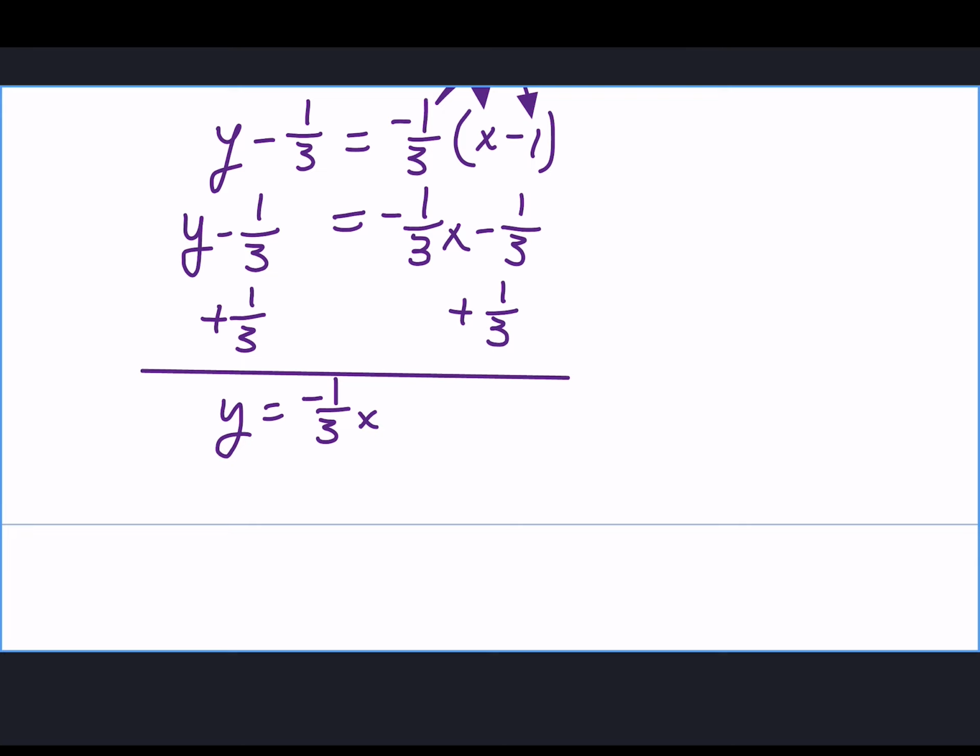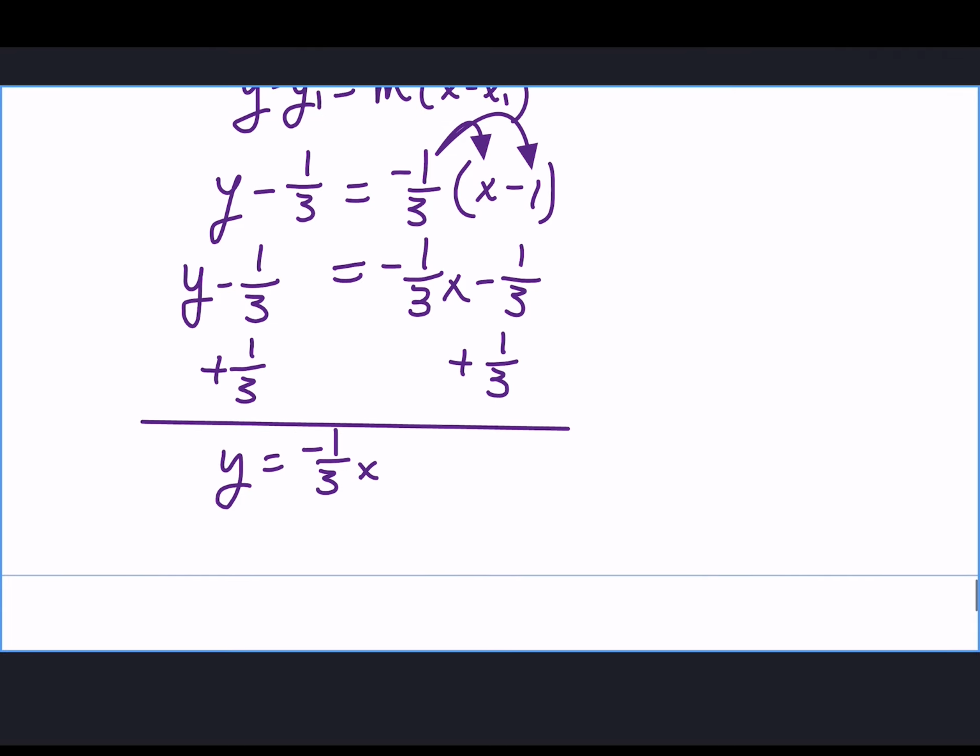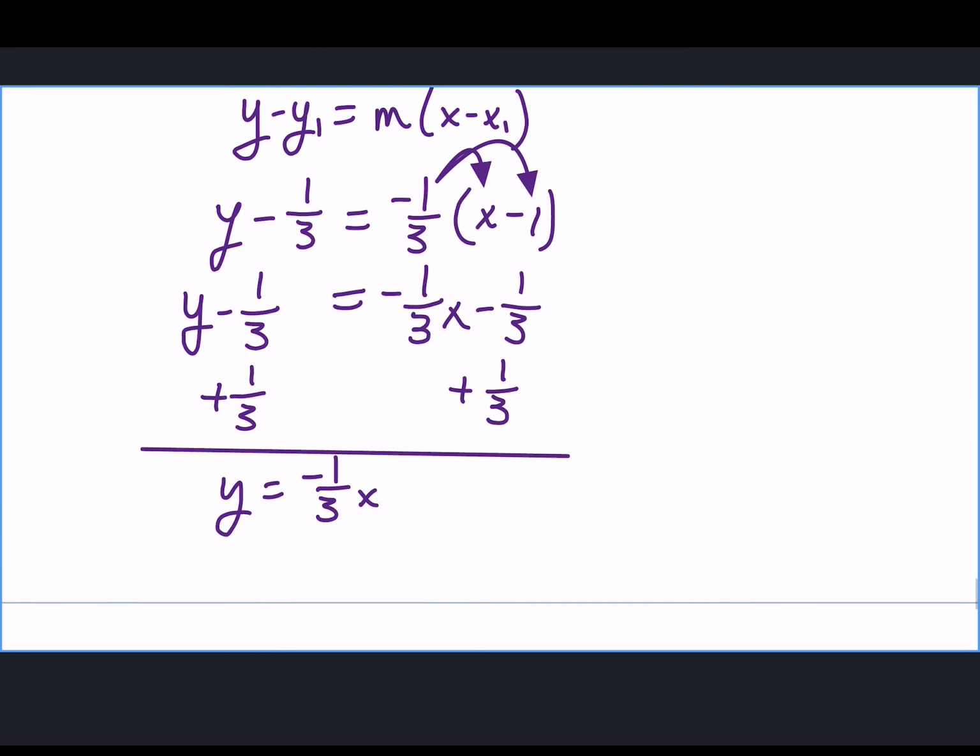Did I make a mistake anywhere? Negative 1/3 times negative 1. That's not negative 1/3, is it? It's positive 1/3. Okay. So we should have a plus 2/3 here.